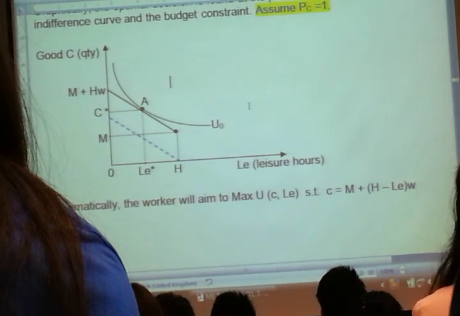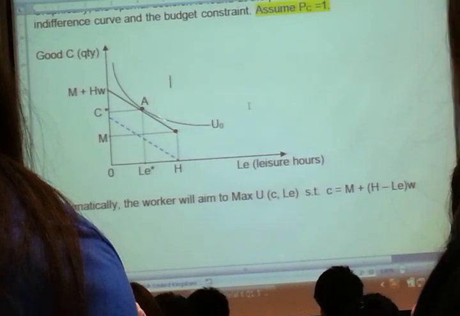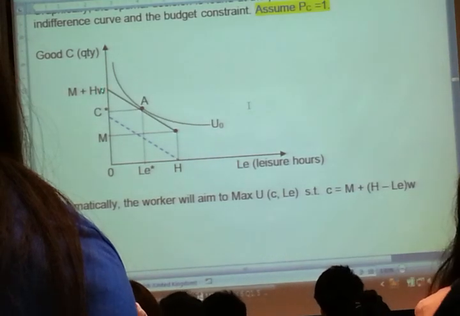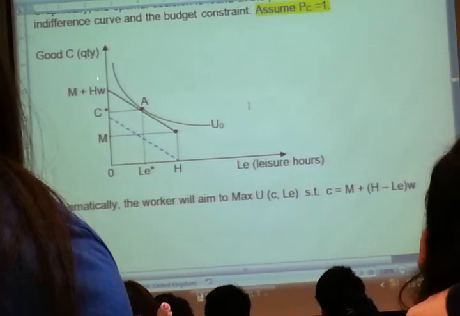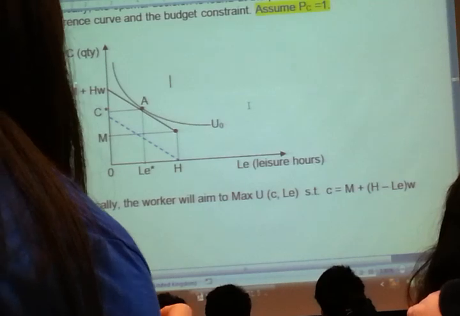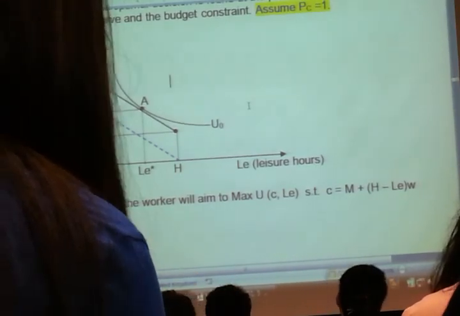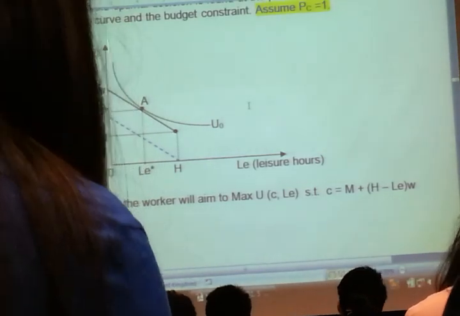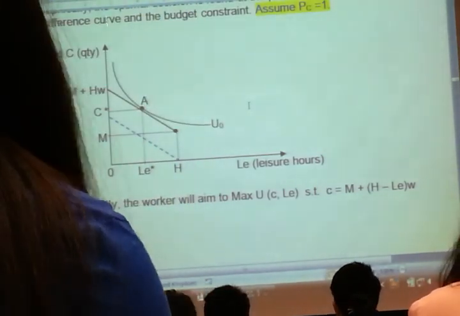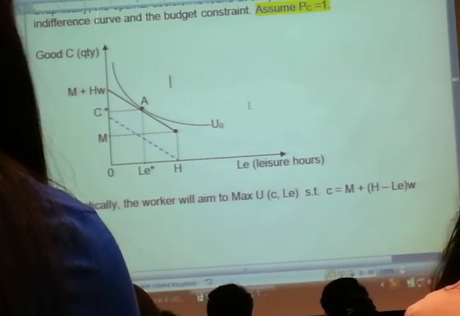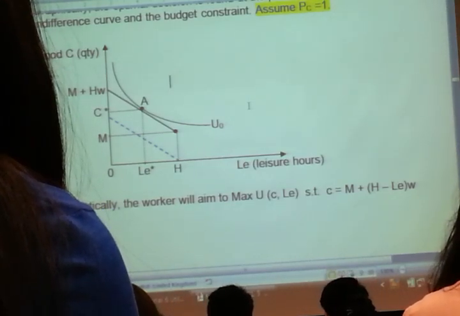Now, once you work until here, the maximum quantity of C that you can buy depends on the income. Your non-labor income is this. How much more income do you earn? Now once you are here, how many hours of leisure are you having? Leisure equals 0. Now if you're having 0 hours of leisure, it means you're actually working how many hours?